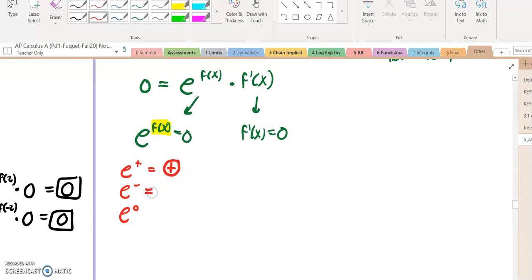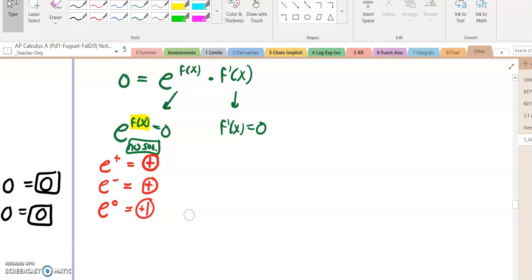E to the negative, so e to the negative 5 is actually 1 over e to the 5th. So that is a small positive answer. It's a fractional answer, but it's a positive answer. And lastly, e to the 0 is 1, which also is a positive answer. So that means that e to the something can never equal 0. Therefore, for this first one, there's no solution.